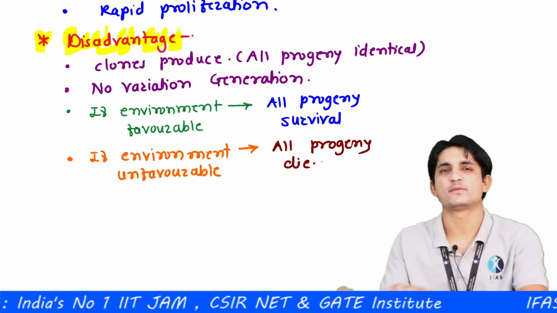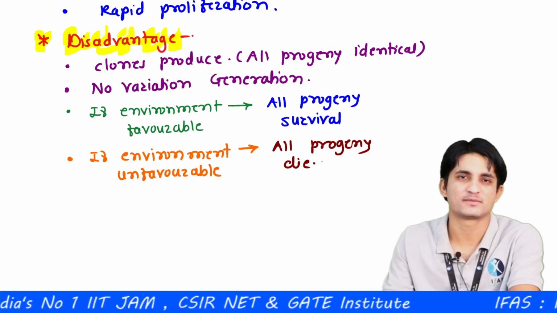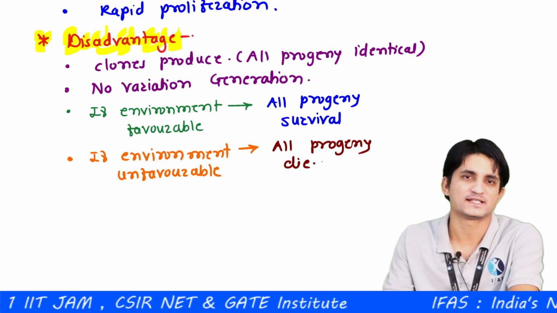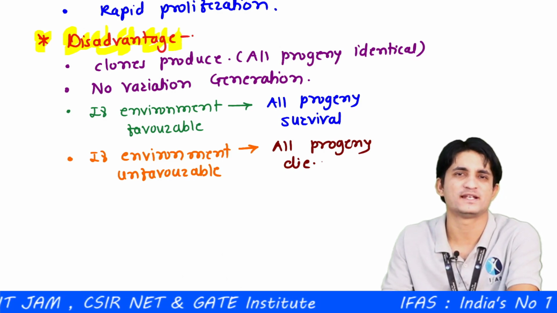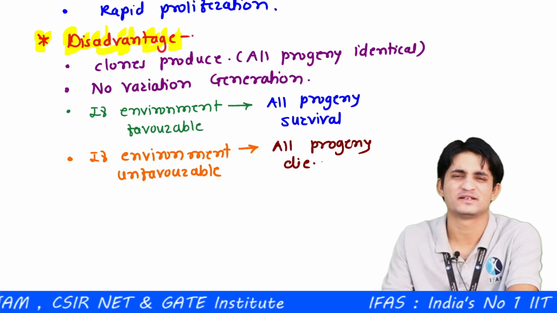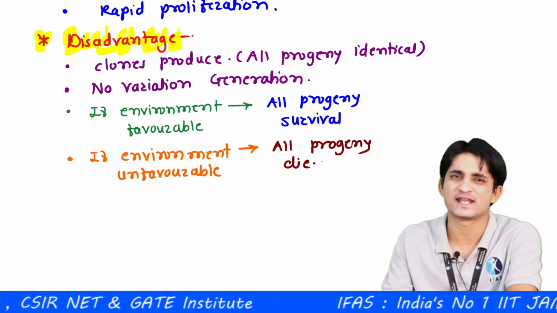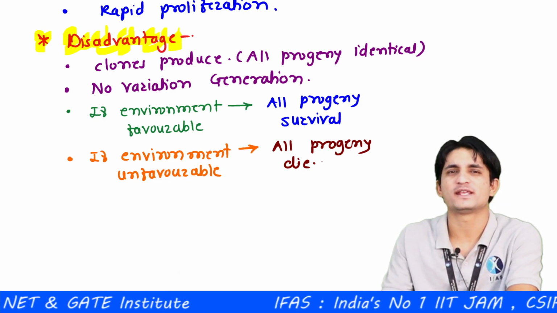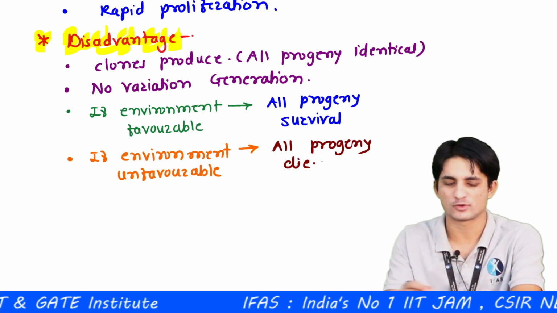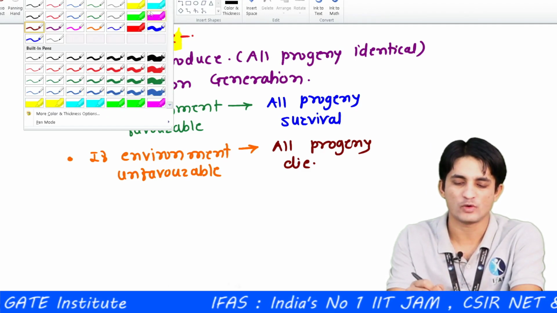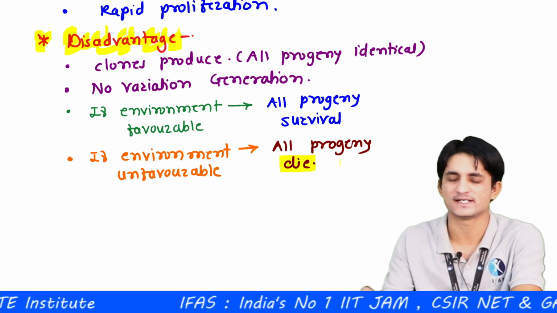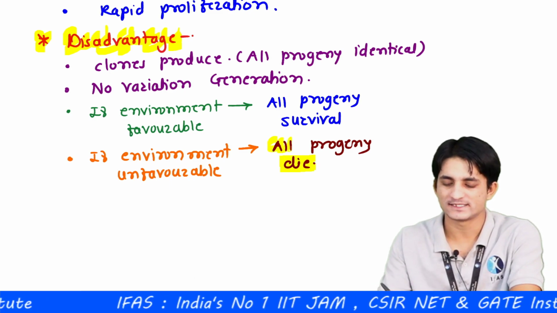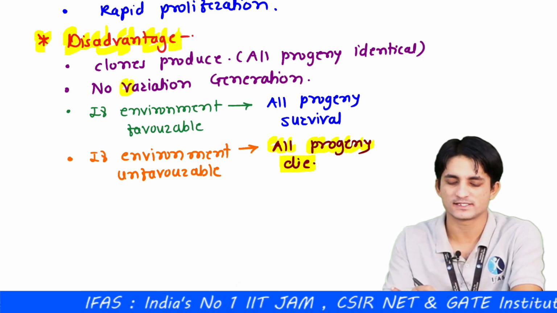Because we know that environmental disturbance is a common phenomenon, in some cases there is a high rainy season, or there is dryness, or the pH changes, or the temperature increases, or the humidity increases. So if the environment becomes unfavorable, this progeny will die because they don't have variations, and variations are not present because they are doing mitosis, and that is the major disadvantage, that variations are not present.